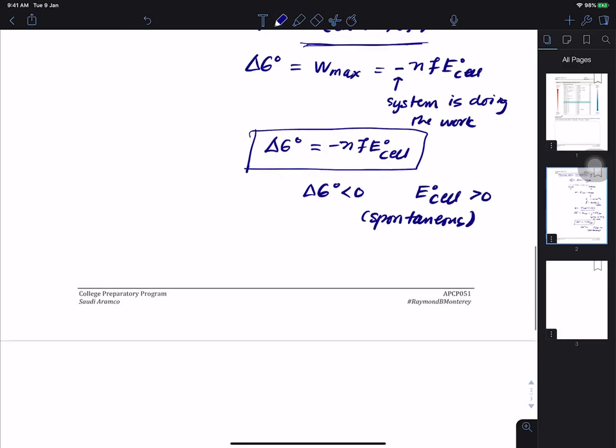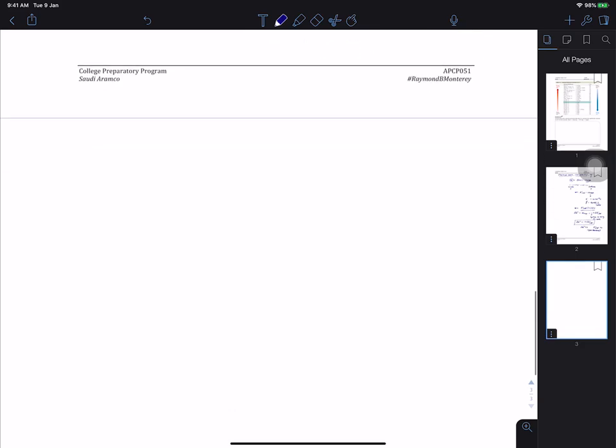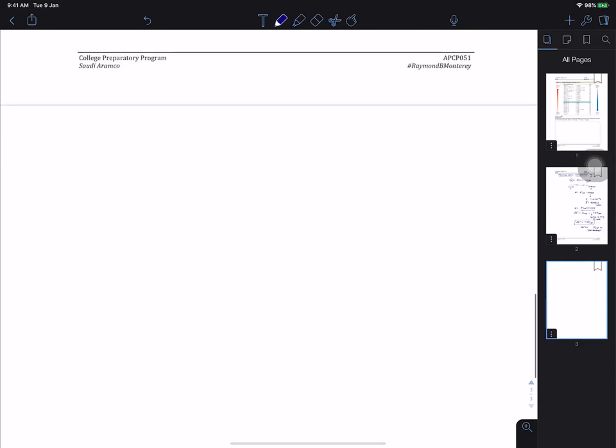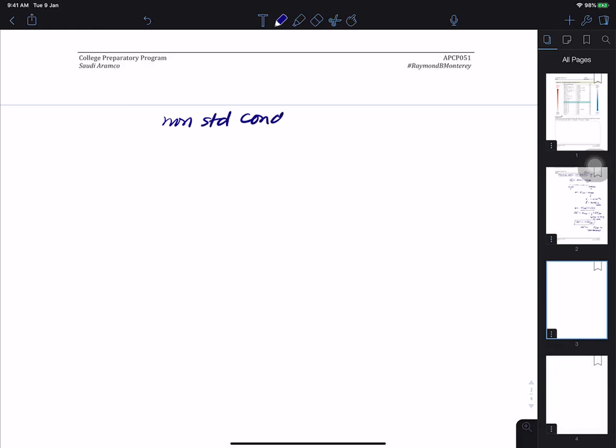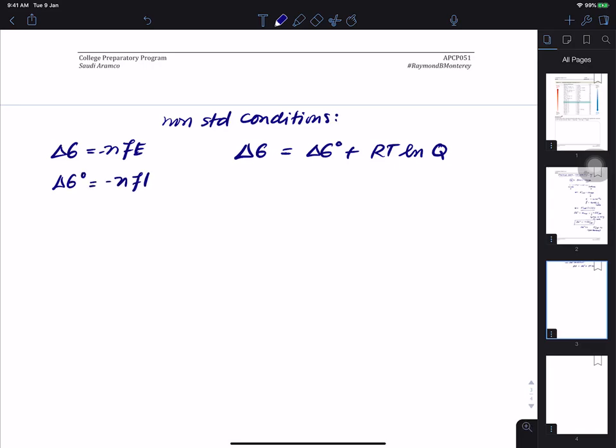Okay, and in chapter 17 we also related that for non-standard conditions. What do we have? Delta G is equal to delta G naught plus RT ln of Q. So under non-standard conditions, delta G is equal to negative of NFE. Under standard conditions, delta G naught is negative NFE naught.